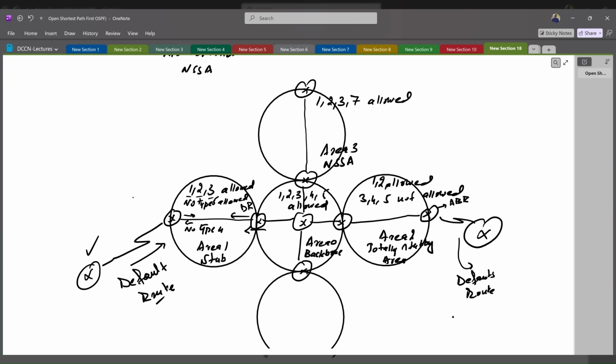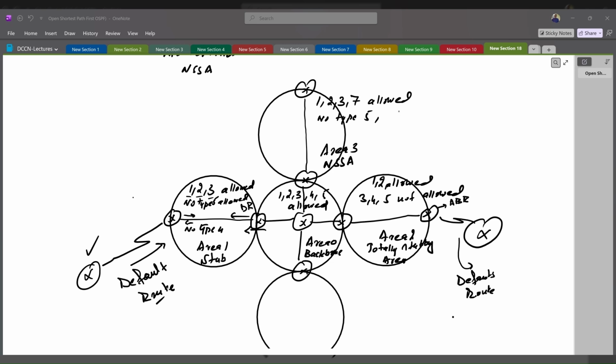No type five allowed, right? Type seven is used for external routes originating inside NSSA, right?